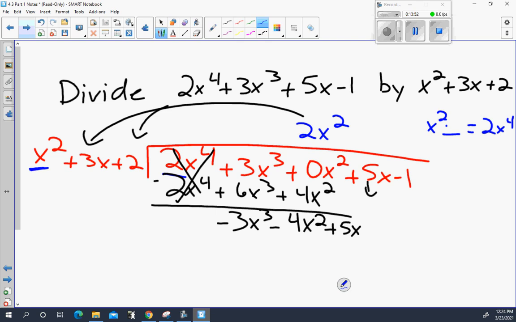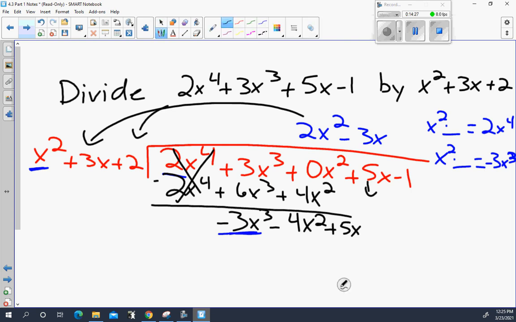How do I cancel out that negative 3x to the 3rd using the x squared? x squared times what gets me negative 3x to the 3rd. My apologies. You should say multiplied by negative 3x.